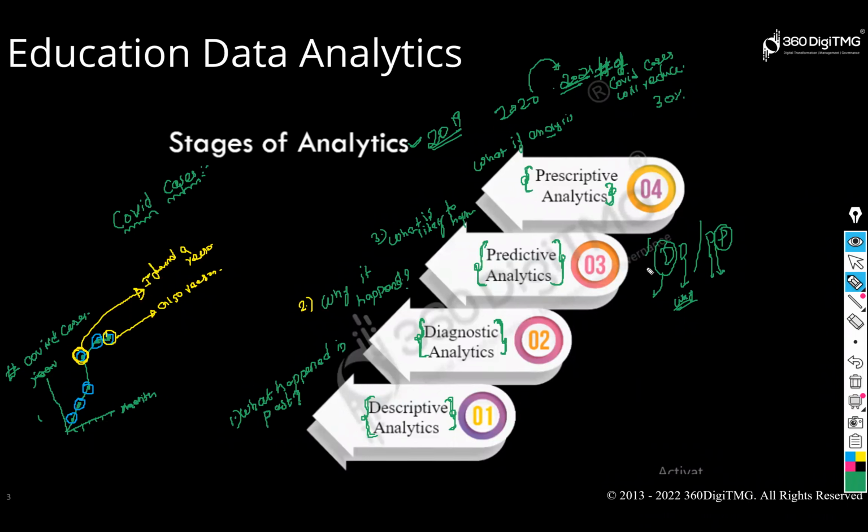So this is what the stages of analytics do. Right? I hope the stages of analytics are clear for you. I don't want to make it much, so this is enough for the stages of analytics. Fine.